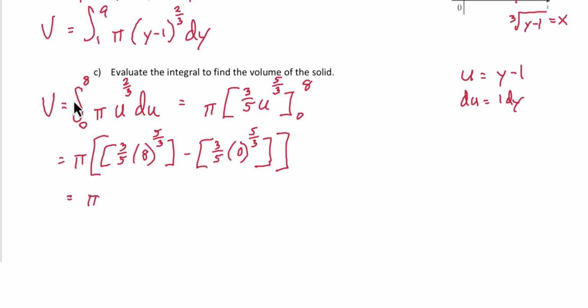Simplifying this, we have pi times 19.2 minus 0. That gives us 19.2 pi. And that is the volume of the solid.